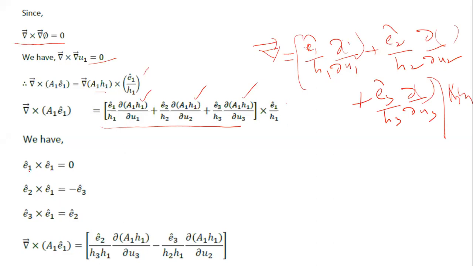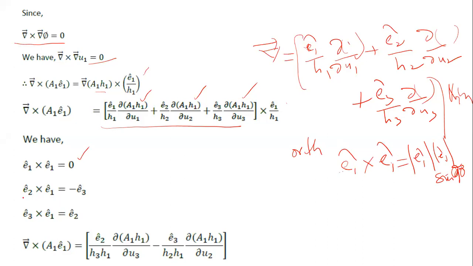We know that this is an orthogonal system. In an orthogonal system, the cross product between identical vectors will be the magnitude of E1 times the magnitude of E1 times the sine of the angle between them. If you are taking the cross product with the same vector itself, the sine of the angle between them is 0, so E1 cross E1 is 0.